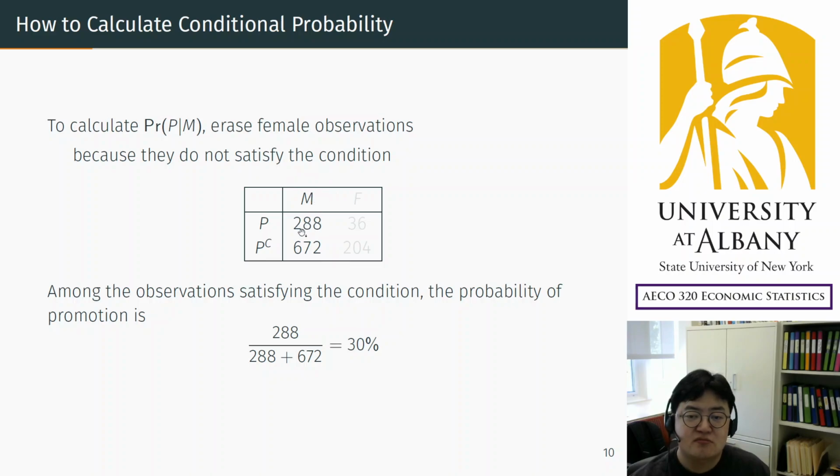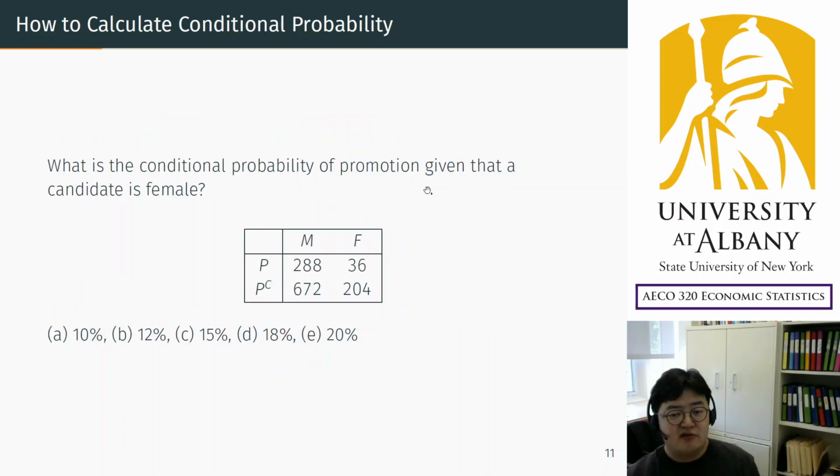So there are only two types remaining, like whether promoted or not. Then the probability of promotion is as simple as this. Just calculate the probability only using the observations satisfying the condition. That's it. Okay, then you can try this by yourself.